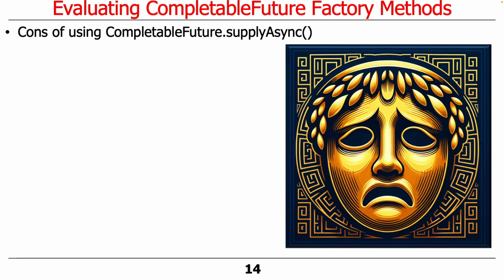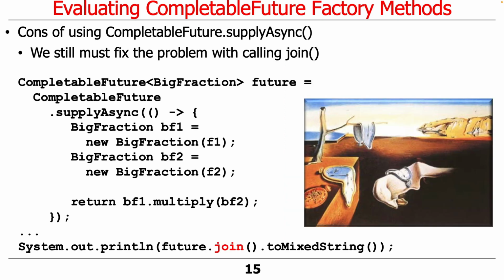But of course, not everything is rainbows and unicorns, so there are some downsides with using supplyAsync in the way that we've done it here. We still have the problem in this example of calling join. So this has all the same problems we've talked about before, about underutilizing the CPU cores, and all that kind of stuff.